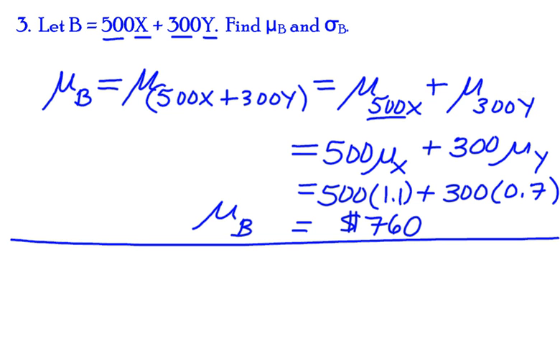For standard deviation, I'm looking for sigma B. But I must go back to the variance. And so what I'll do here is make sure that I take the square root to represent the variance.